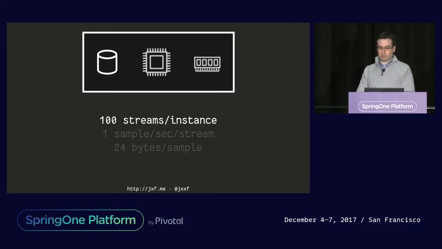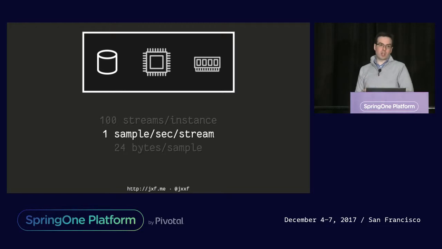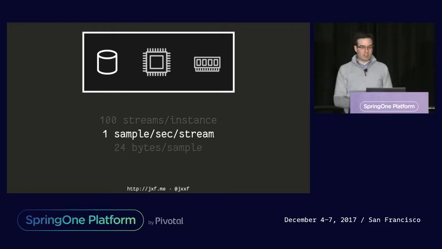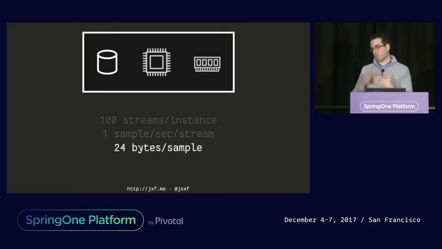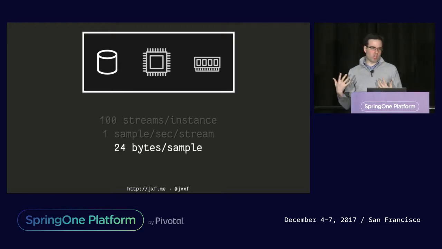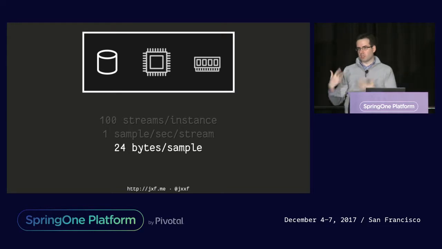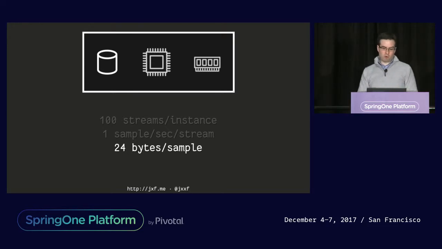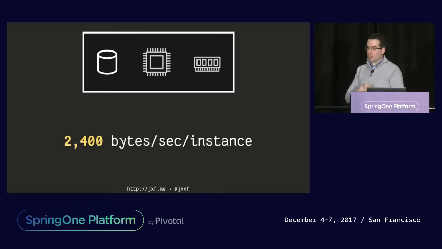And let's say that we sample that stream one time per second. So we take one sample per second per stream. And let's say that there are 24 bytes in each sample. That's enough to record a 64-bit timestamp, some number of interest that's also 64 bits, and then another 64 bits of metadata. So that's 2,400 bytes per second per instance of this system.